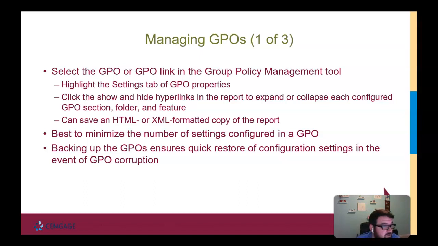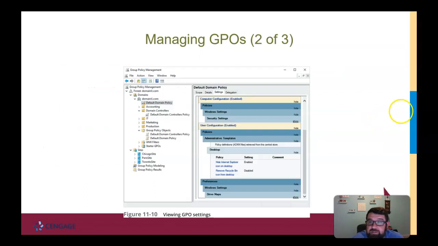One applies your desktop background. You don't do all those things in one singular GPO. That way it's easier to figure out when something's going wrong as well. And then backing up the GPOs ensures quick restore of the config settings in the event of a GPO corruption. So you can back these up.